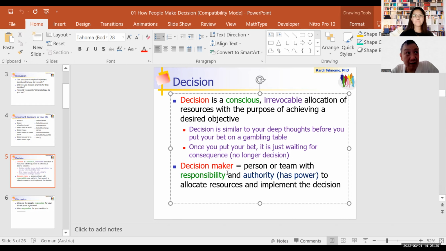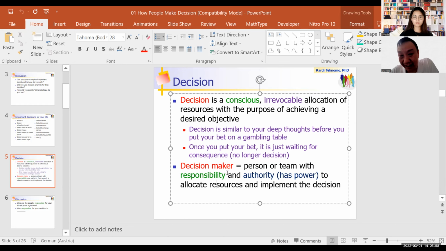The same thing: people make decisions and think, I will try first, and if I fail, I will come back again. Joy a while ago said like that. That is not a decision, because a decision is supposed to be irrevocable. You cannot take it back.